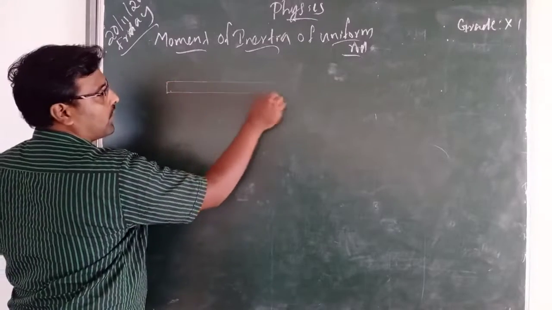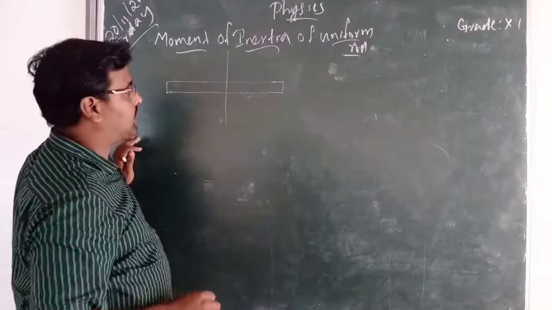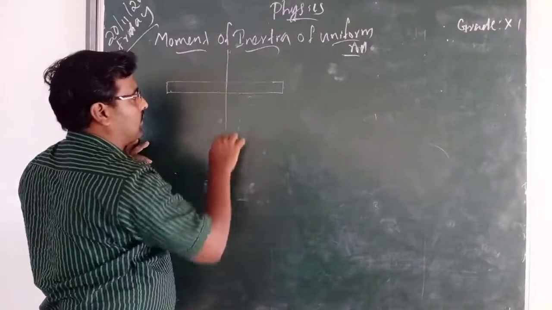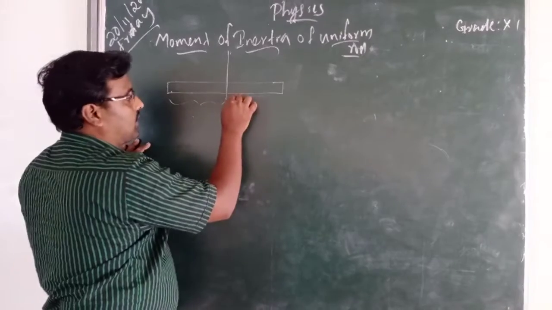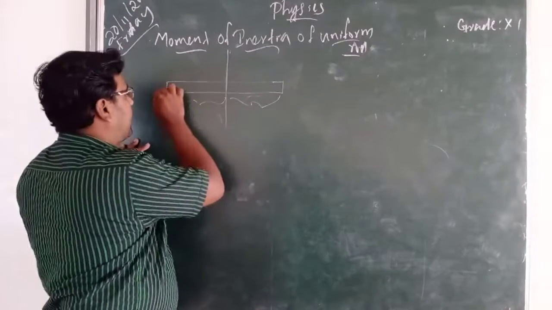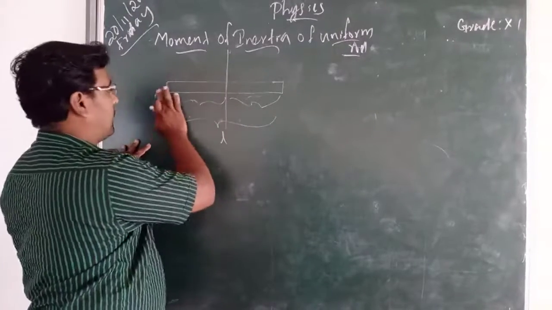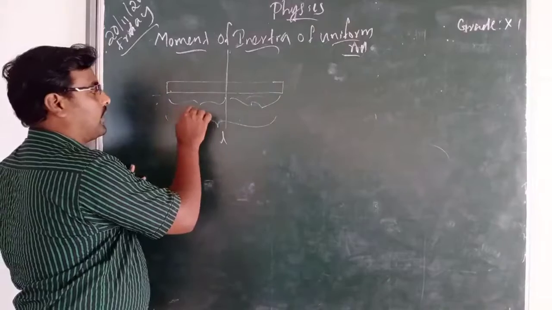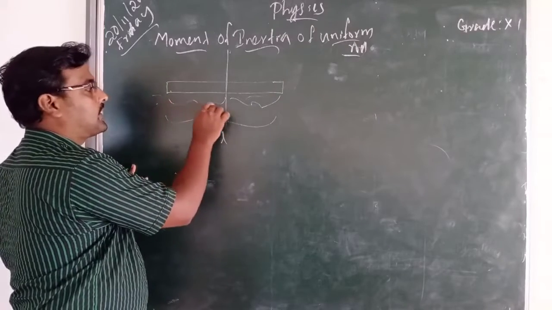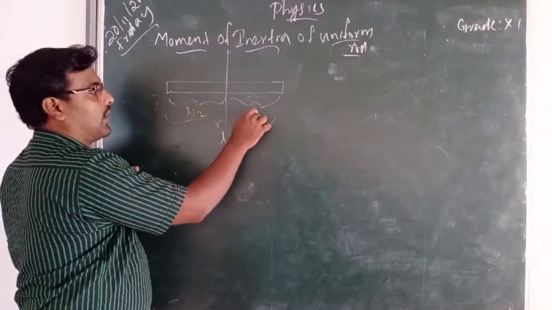One uniform rod like this, which is passing through the axis, and the total length is L. Half of this is L by 2.